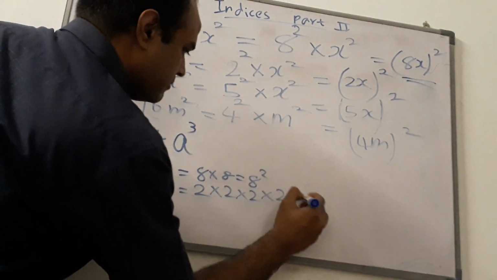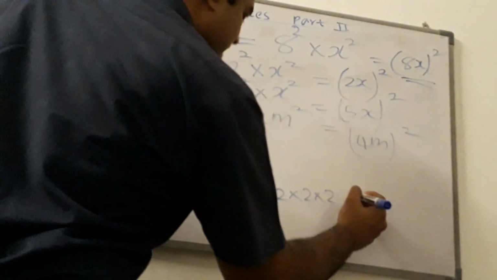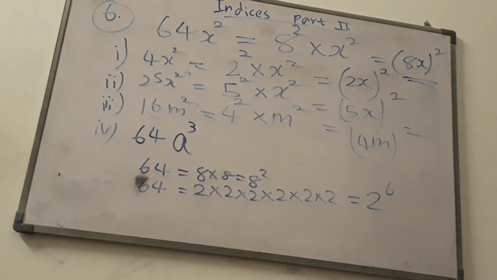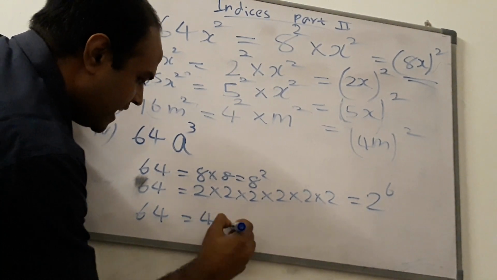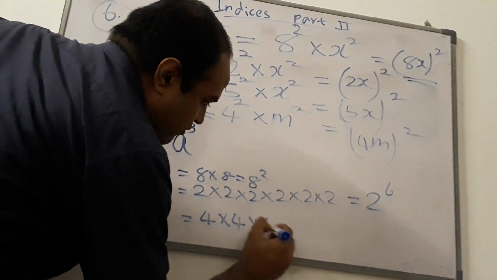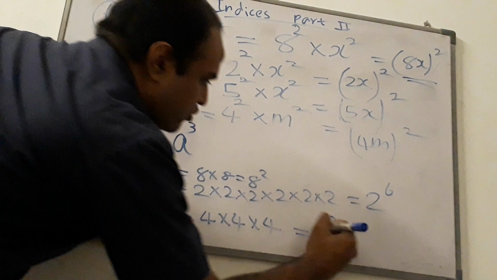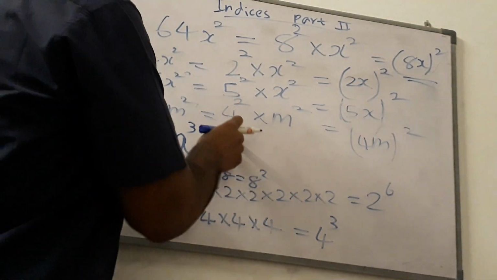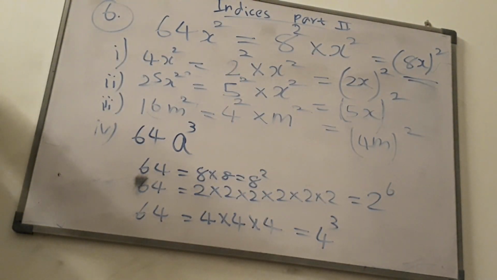Likewise, if you multiply 2 by itself 6 times, 1, 2, 3, 4, 5, 6, we can write 64 as 2 to the power 6 as well. And we can write 64 in this version as well. 4 times 4 means 16, 16 times 4 means 64. That means 64 is also equal to 4 to the power 3. And we want to write the answer as a product where there is a common index.